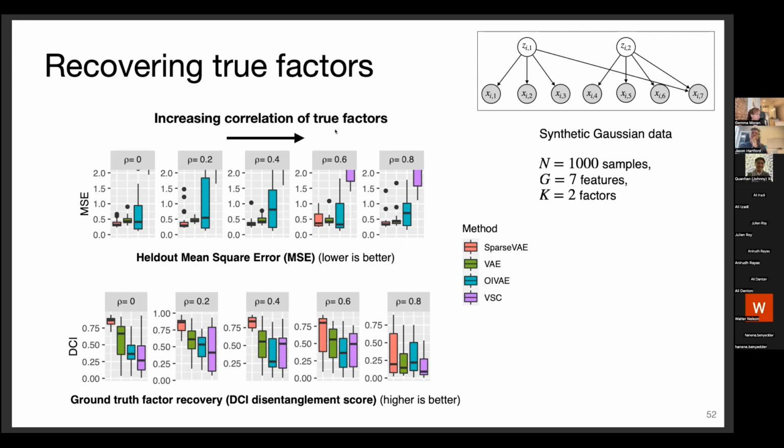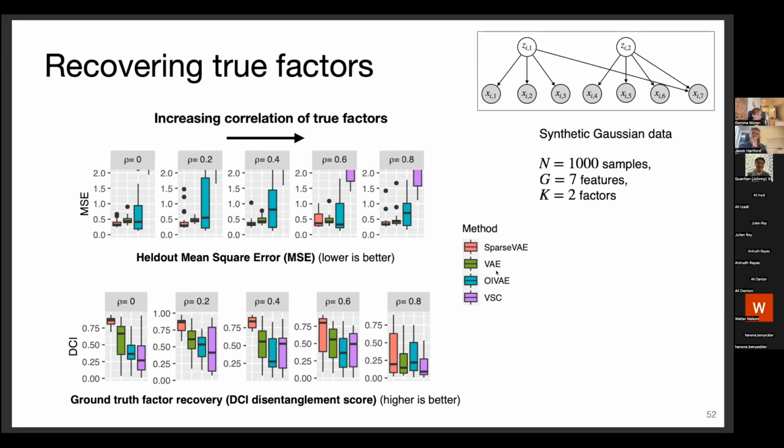So we ran this experiment multiple times, looking at different correlation levels of our true underlying factors. We vary them from not being correlated at all to having a correlation of 0.8. We plot the held out mean squared error. Of course, this is just the reconstruction error. It doesn't really concern identifiability at all, and so it's pretty constant across all these correlation levels. But then we look at the ground truth factor recovery via the DCI disentanglement score.